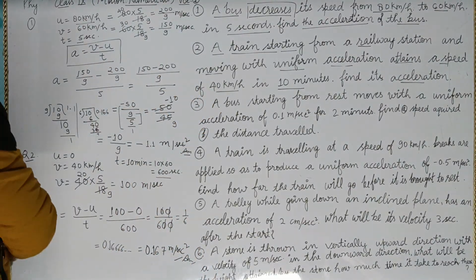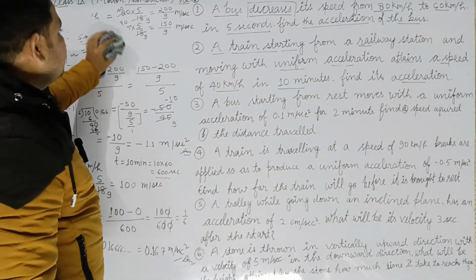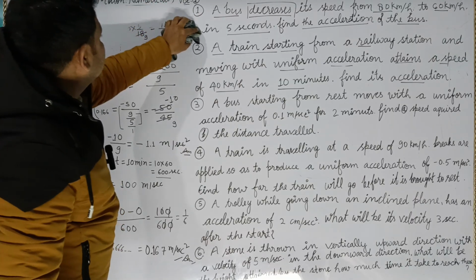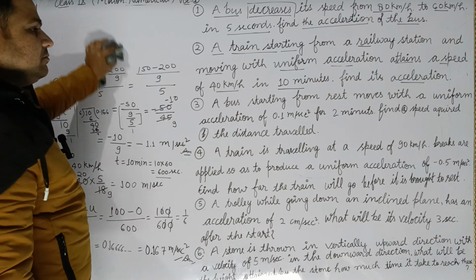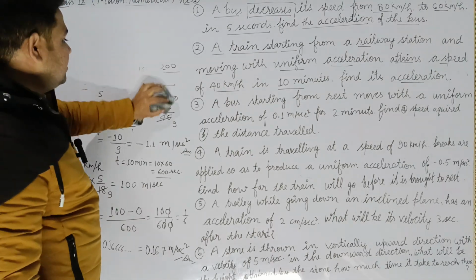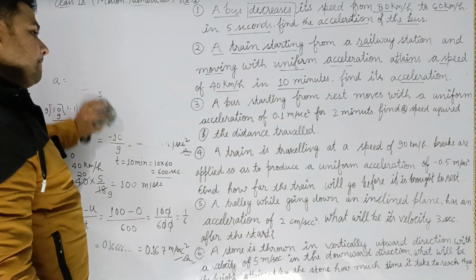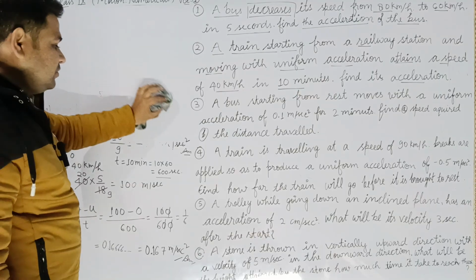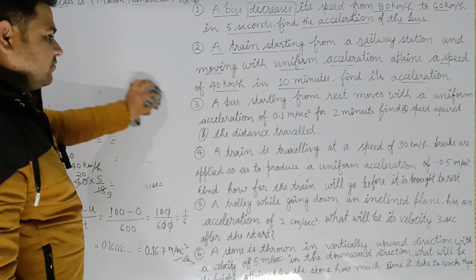Next question is the same. Question number three: a bus is starting from rest. In this question also, a bus is starting from the rest position. So we take initial velocity u equal to 0, from rest with the uniform acceleration of 0.1 meter per second square for 2 minutes.